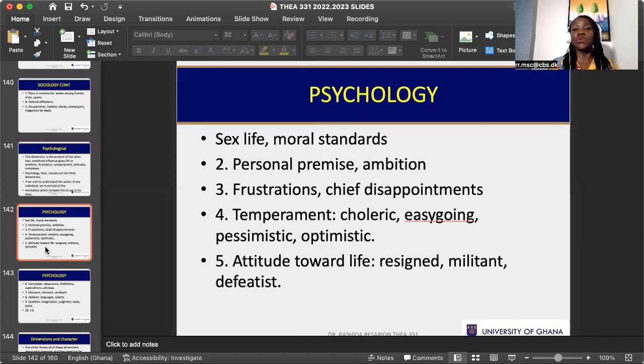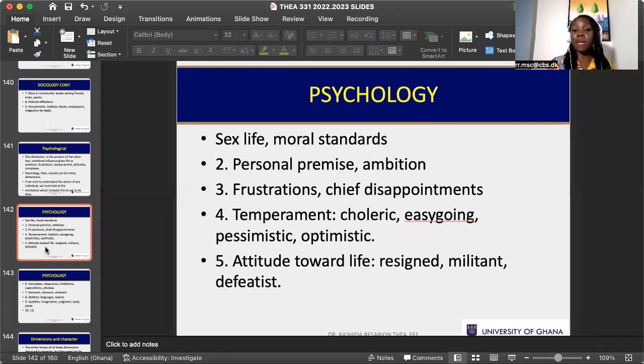Imagine somebody who growing up has had everything. The person wouldn't have that drive for life to achieve things. And so all these have an effect on the person's psychology about life.